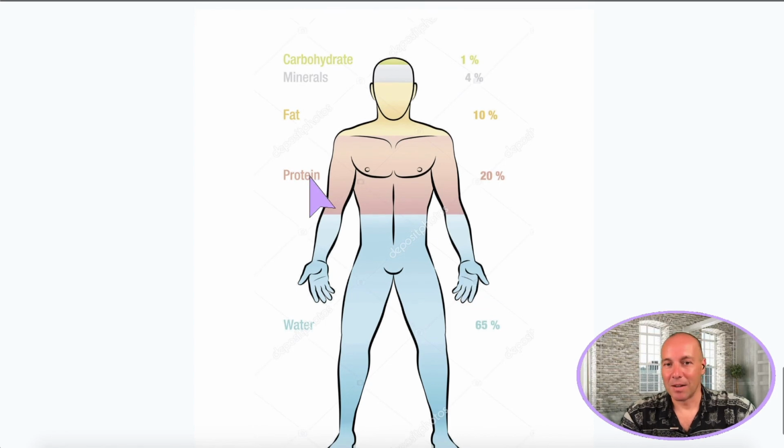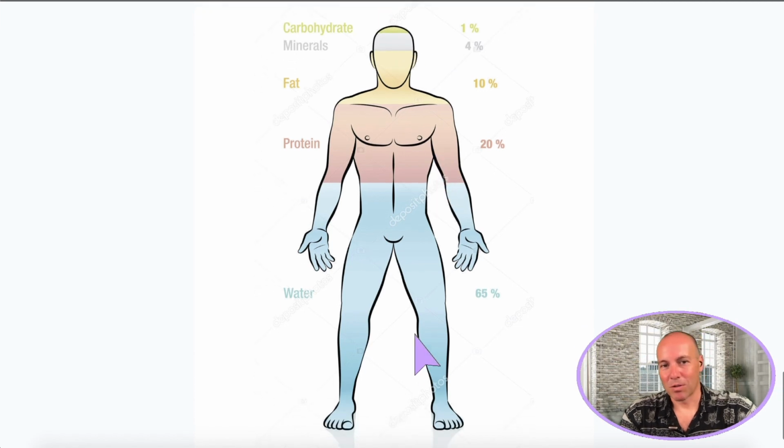Okay, a lot of the human body is made of protein tissue, 20% of it, and proteins are made mostly of carbon, hydrogen, nitrogen, and oxygen. Okay, fats are mostly carbon and hydrogen, and the body is about 10% fat. And there are 4% minerals and 1% carbohydrates. So this picture shows you how the human body is divided into different types of substances.